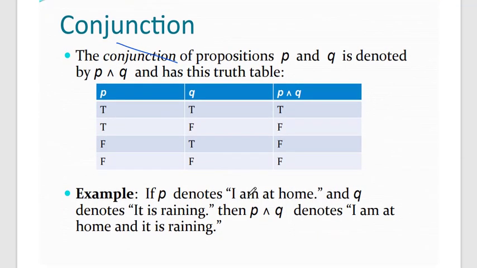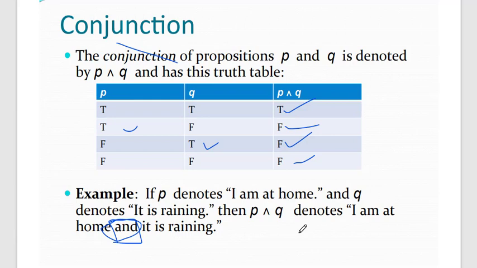Conjunction: I am at home and it's raining. If both are true, then it will become true. If either one of them is false, then it will become false. Why? Because of the English word and.